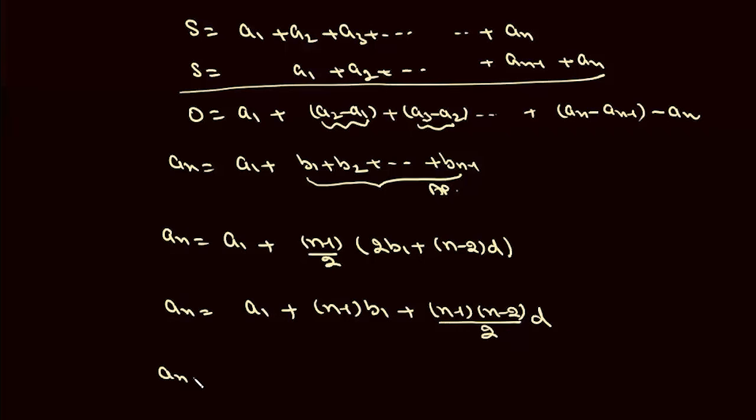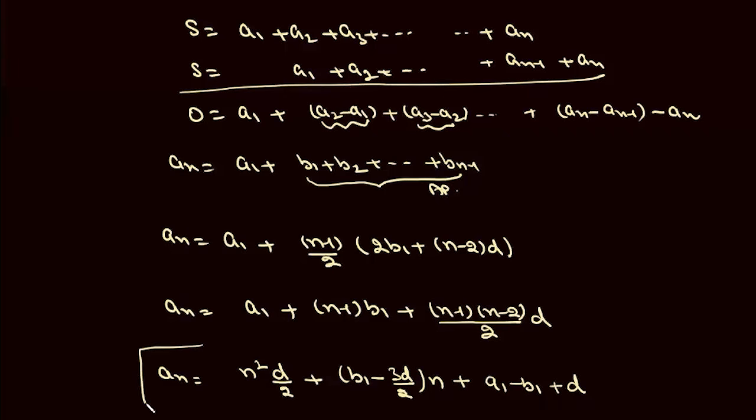We can rearrange this as n²d/2 plus (b1 − 3d/2)n plus (a1 − b1 + d), which is a quadratic equation in n. So basically its nth term will be a quadratic term.